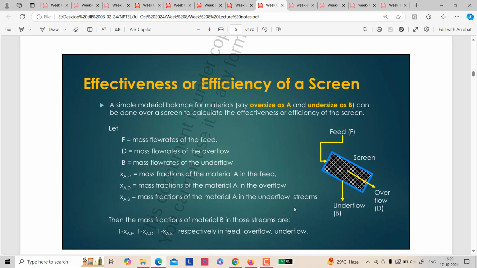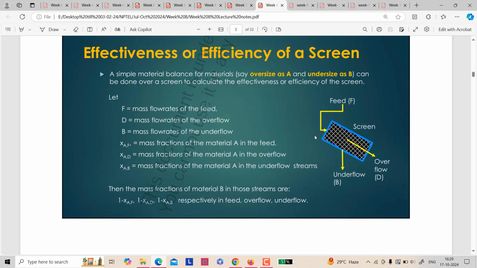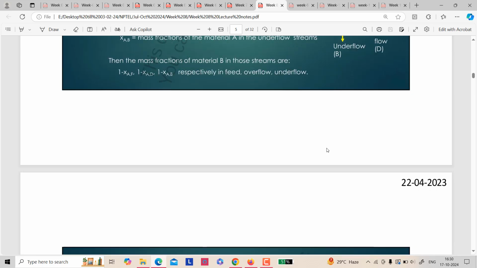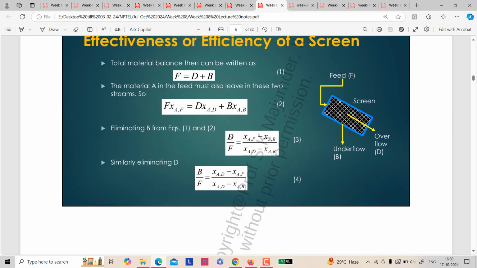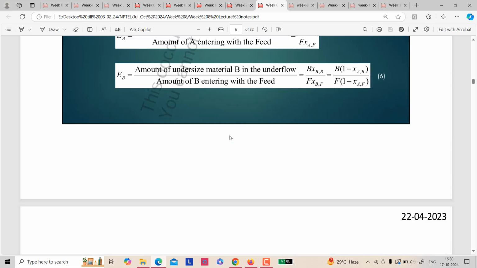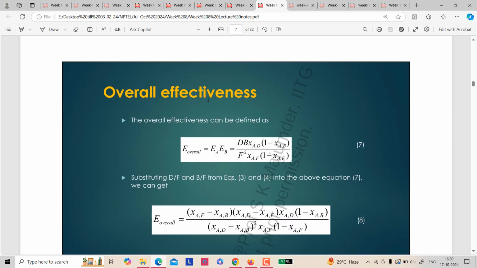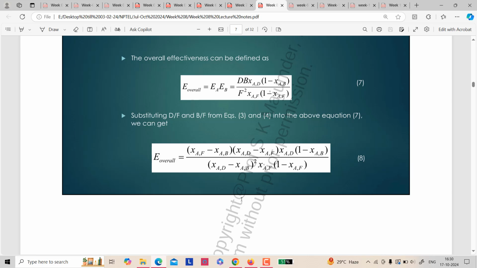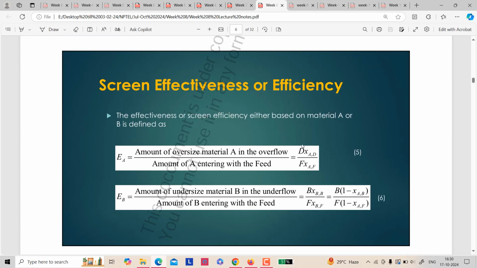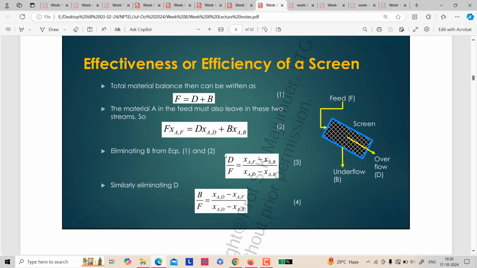Next is how the effectiveness or efficiency of a screen is calculated. Based on these fractions, you will be able to calculate the overall screen effectiveness. This formula comes from some simple calculation.